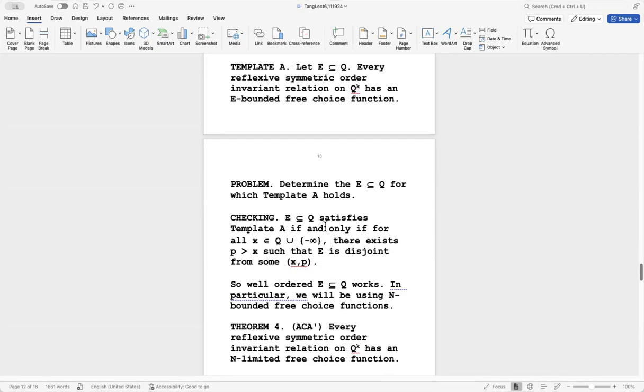You can use E-limited if and only if for every x in Q with minus infinity added, there exists p greater than x such that E is disjoint from the interval (x, p). I just want to make sure I'm not talking about ordered pairs.